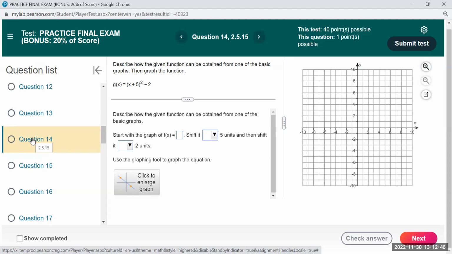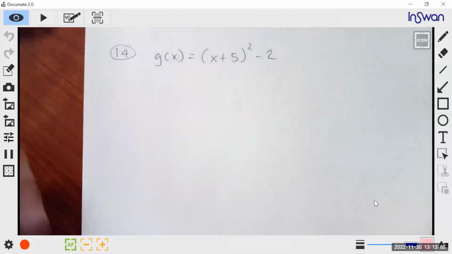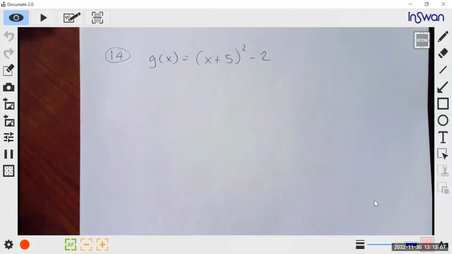Describe how the given function would be obtained from one of the basic graphs. So if I start off with g of x equals (x plus 5) squared minus 2, what would I have to do? First, what's the basic graph?